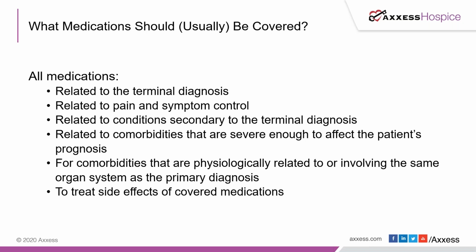And again, as the patient is on service and time passes, this can change. So, looking at what is related and not related, what medication should be covered and not be covered, is not a one time decision, because these medications, risk versus benefit analysis, can change as the patient declines.